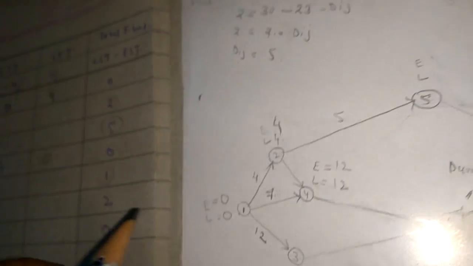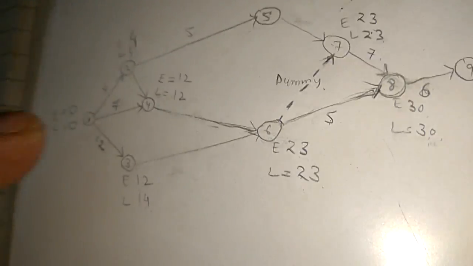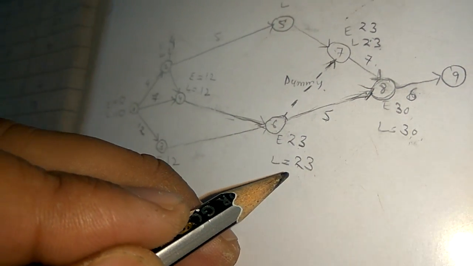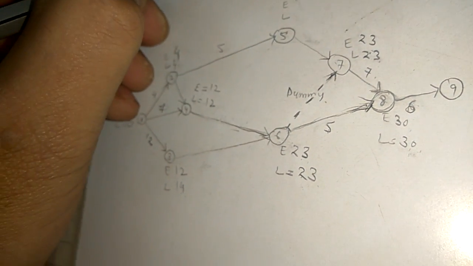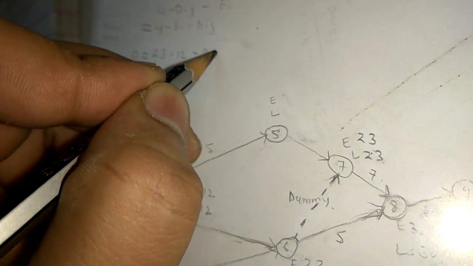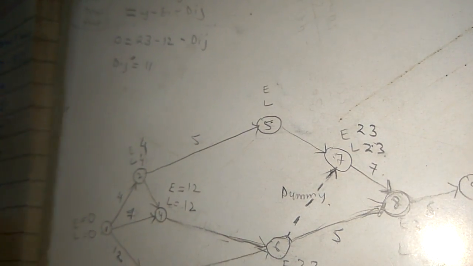Now, between activity 4 to 6, total float is 0. This value we can put in the formula. Lj between 4 to 6 is given. Lj is 23, minus Ei, 12, minus Dij, which is missing. So what will be the value of Dij? Dij will be 11.